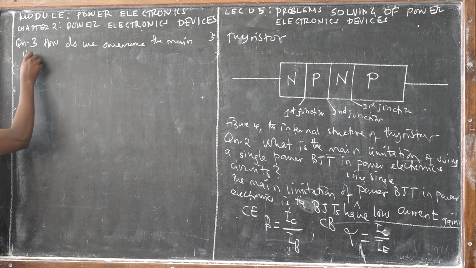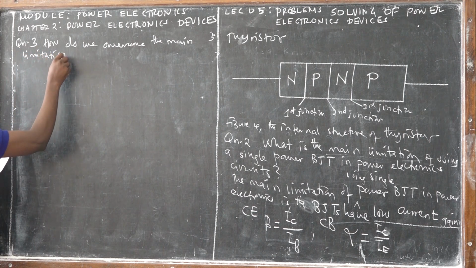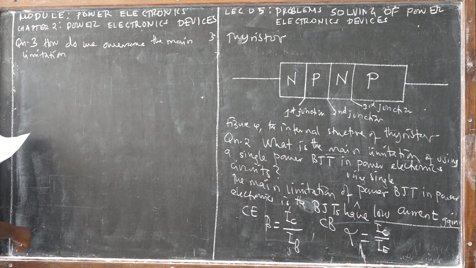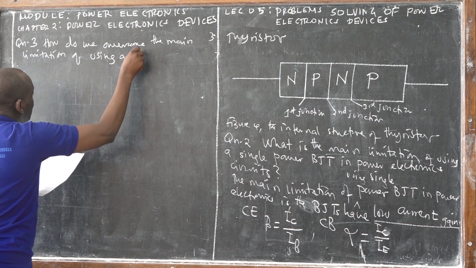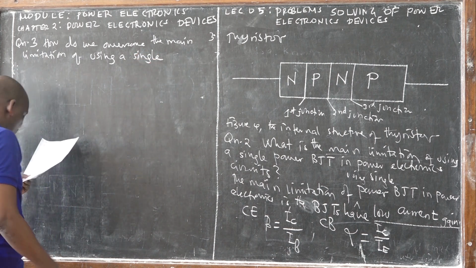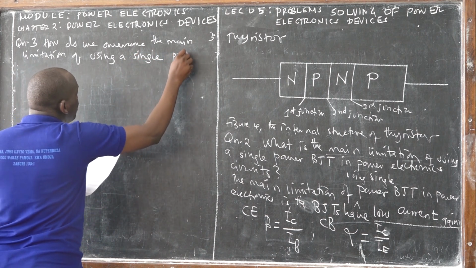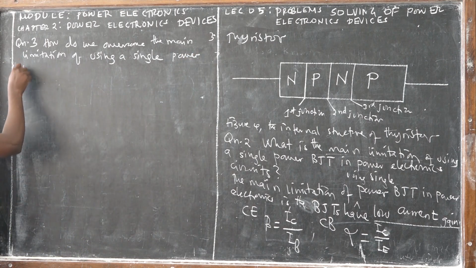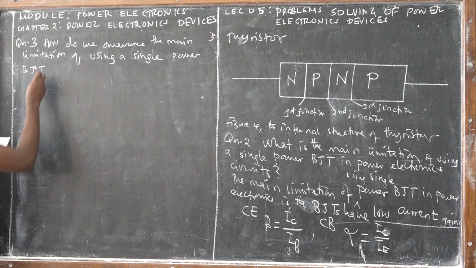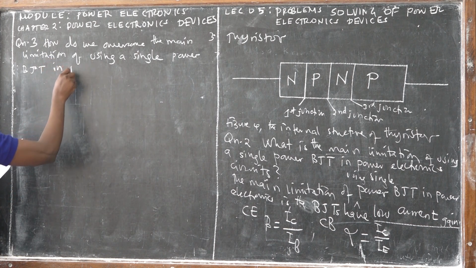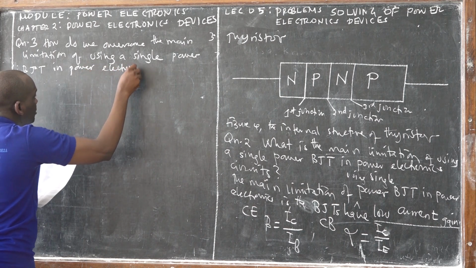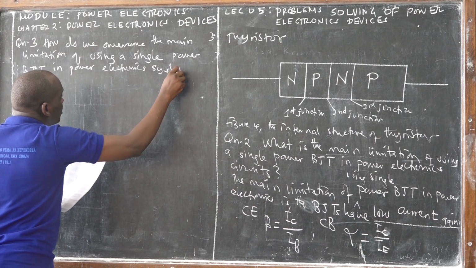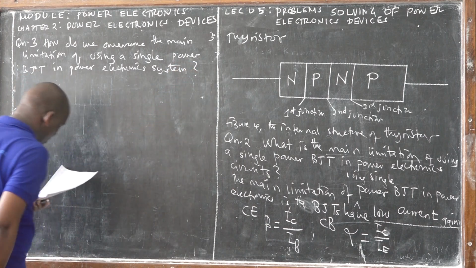How do we overcome the main limitations of using a single power bipolar junction transistor in power electronics systems? How do we overcome this challenge?